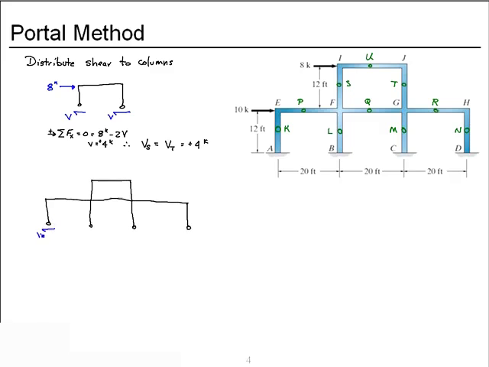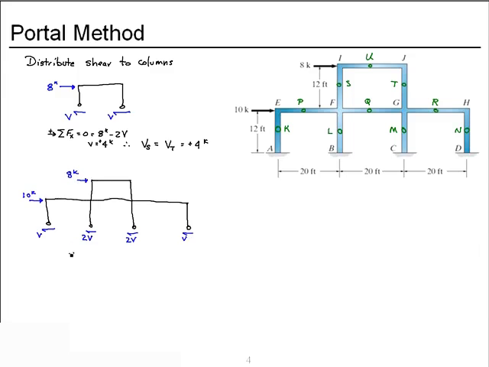We have a shear we'll call V at the external column. Each internal gets twice that, and this external column gets a shear of V. We have a lateral load of 10 kips applied here, and that lateral load of 8 kips applied here.